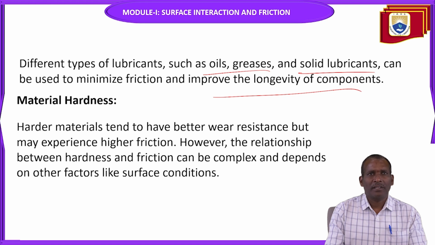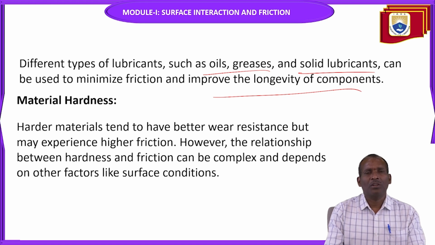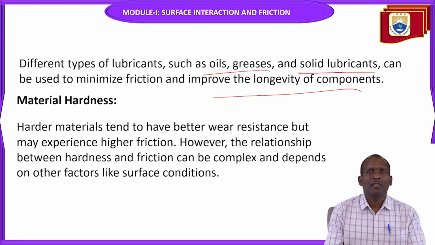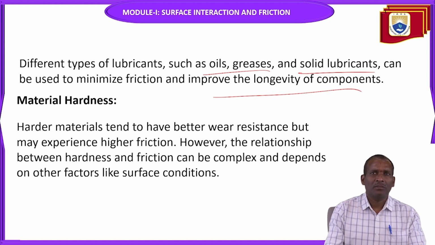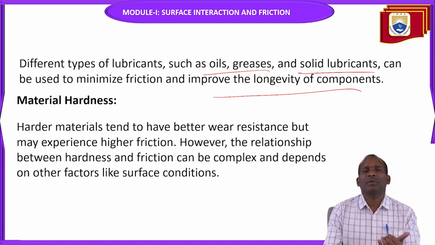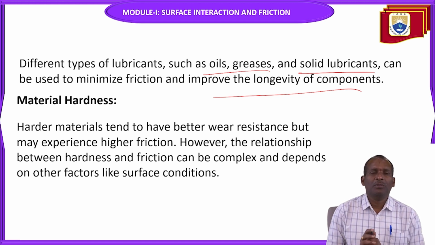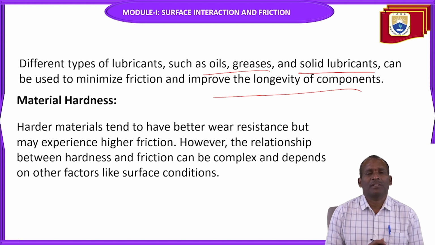Oils and greases, and solid lubricants also. Examples: graphite, semi-solid lubricants, vegetable oils, grease, different types of oils or SAE oils. Clear? Due to this lubrication, you can minimize the friction.